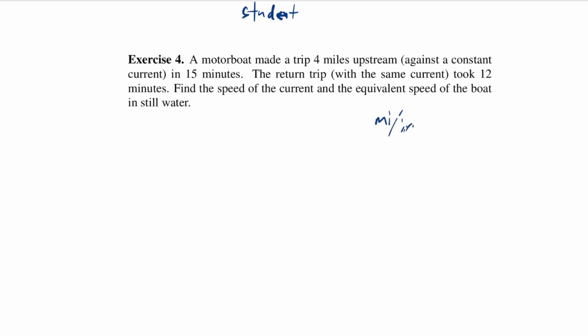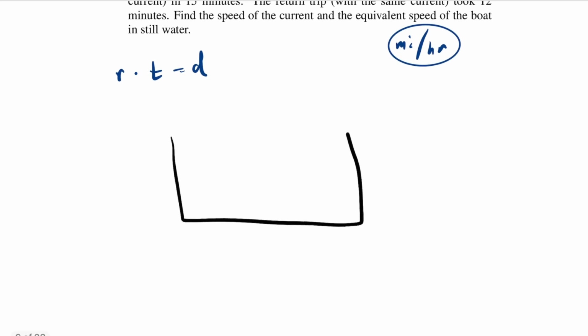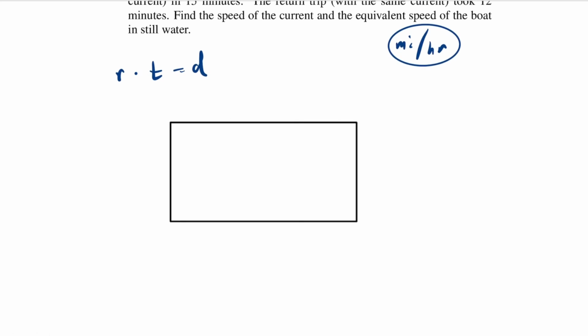So we know that the relationship is rate times time is equal to distance. So I'm going to create a little table to help us out. Let's draw a couple of categories: distance, rate, and time.